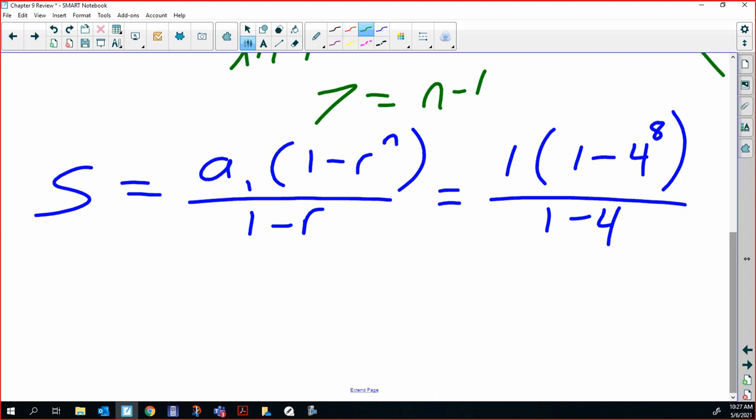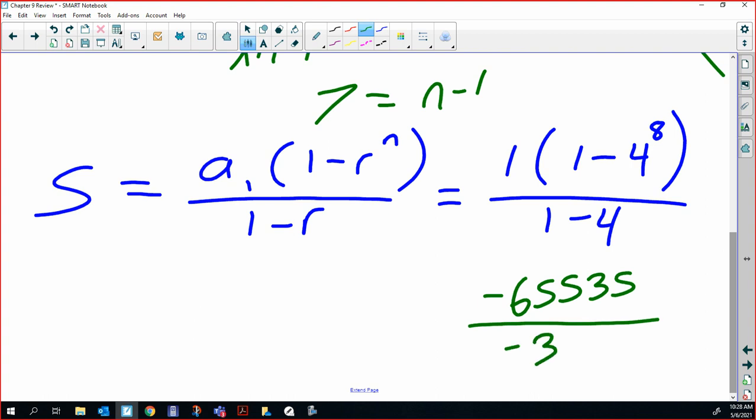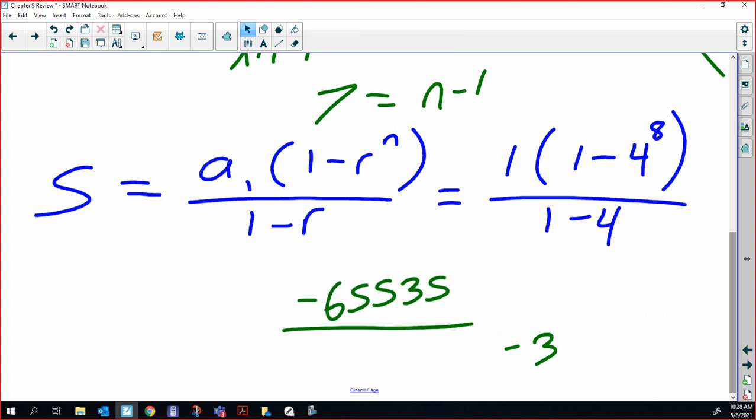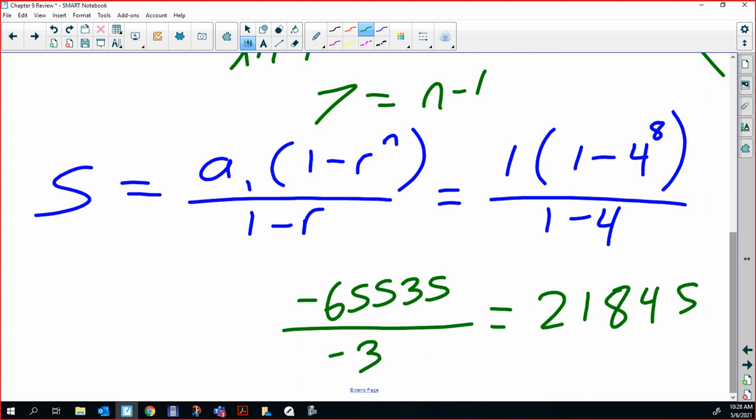So 4 to the 8. 1 minus 4 to the 8 is negative 65535. 1 minus 4 is negative 3. So those negatives cancel out. Two, 1, 8, 4, 5. That's a big sum, because we had big numbers that we were adding up.